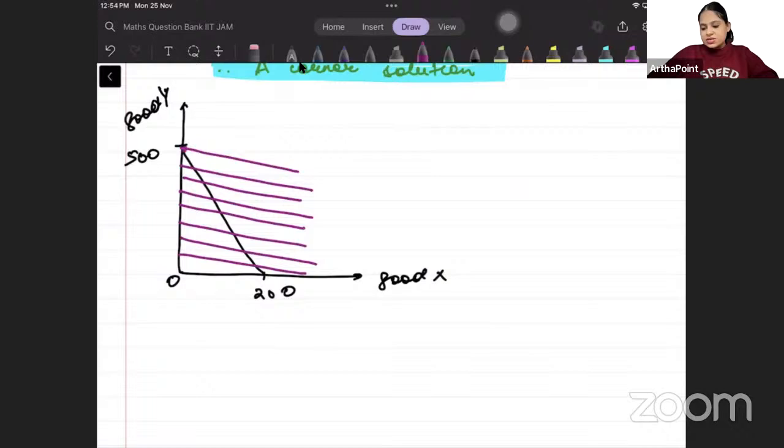And this is the highest indifference curve we will reach. This is the highest indifference curve we will reach. So this will be my equilibrium.